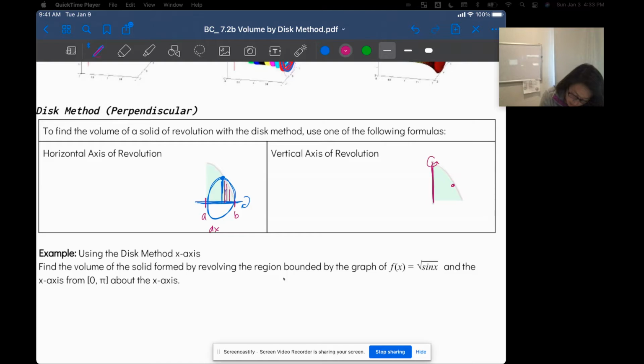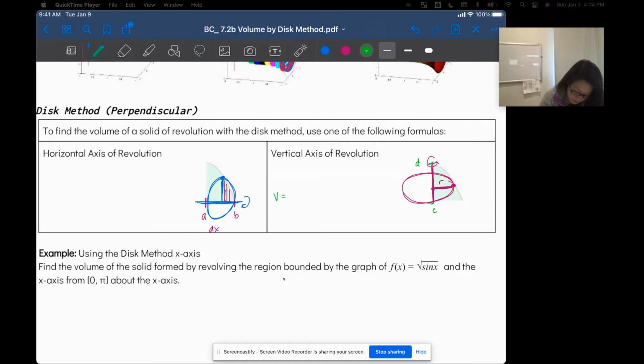I'm going to take a cut between the curve and the axis of rotation, going perpendicular to that axis, and spin it around my curve to give me my r, which is the right curve minus the left curve, and my bounds are going to be from C to D. Okay, so go ahead and write in these equations.